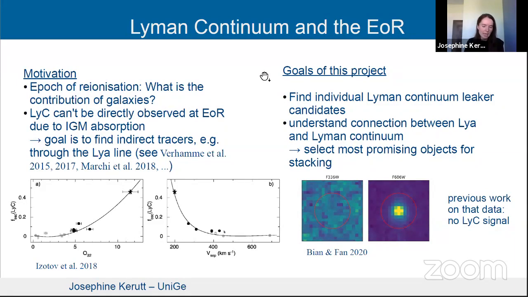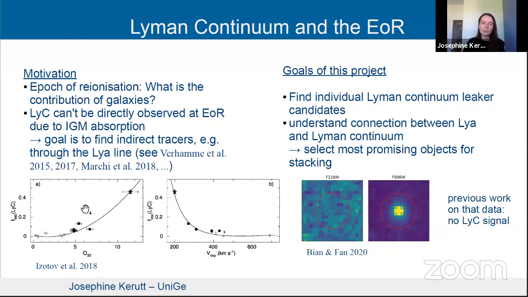The goal is to find some indirect tracers, for example through the Lyman alpha line, to estimate the Lyman continuum emission through properties of the galaxies that can be observed up to very high redshifts. Several of these indirect tracers have been proposed in models already, for example by Baham et al., but some have also been directly observed at lower redshifts, for example in Isotoph, which you can see here.